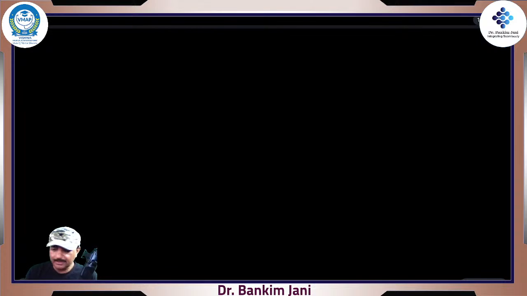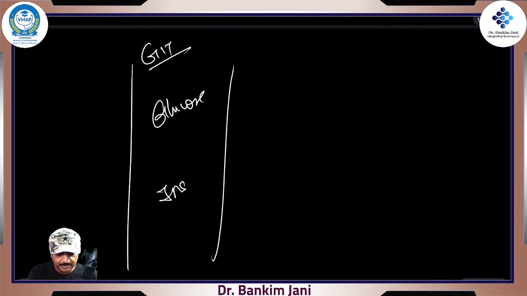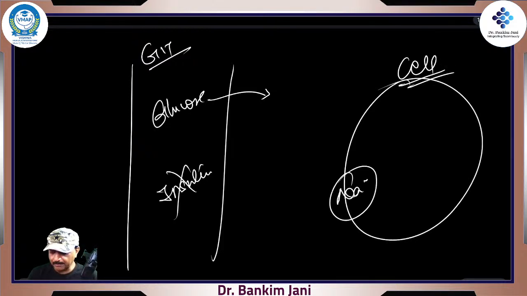For some reason, here is the GIT. The person has consumed, say, glucose, but there is no insulin. Now, when there is no insulin, this is the cell, and this is the sodium potassium pump which is going. Now insulin is not there, so no one is stimulating it. The patient has consumed even potassium-rich food, and even the kidneys are not excreting.